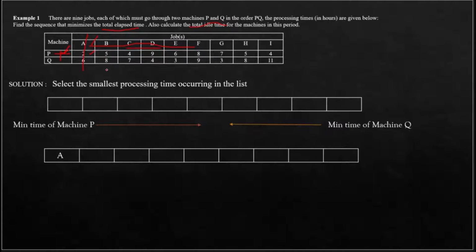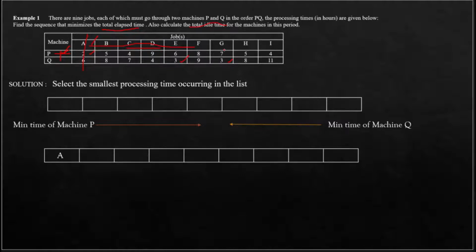In the remaining jobs, the minimum time is 3. Here I identified two jobs, the E job and the G job.